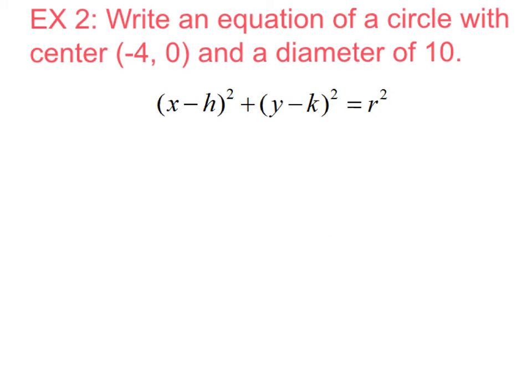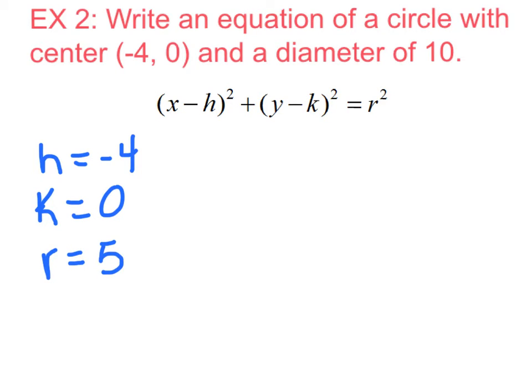Example 2. Write an equation of a circle with a center at -4, 0 and a diameter of 10. So our h equals -4, our k equals 0, our radius equals 5. Remember, it said diameter, so half of 10 is 5, and that is our radius.